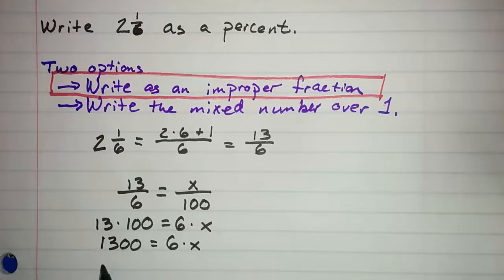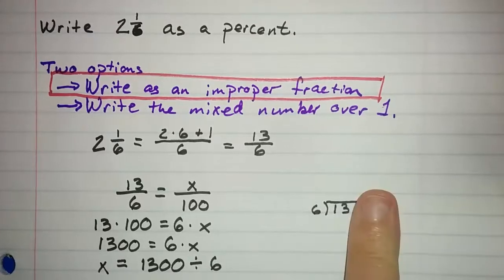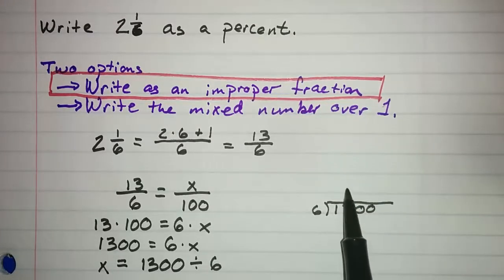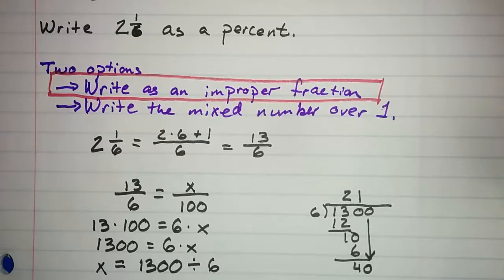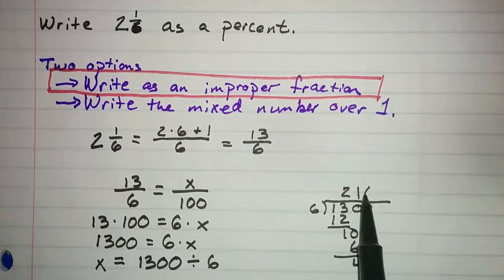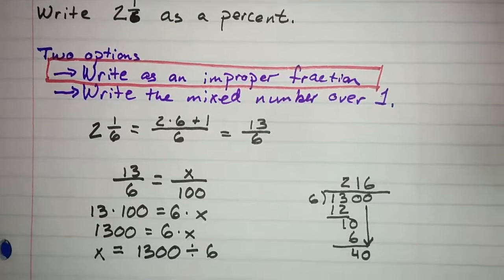That is, my unknown number is 1300 divided by 6. Let's do that division. 6 goes into 13 twice. 6 goes into 10 once. 6 goes into 40 6 times, right? 6 times 6 is 36.